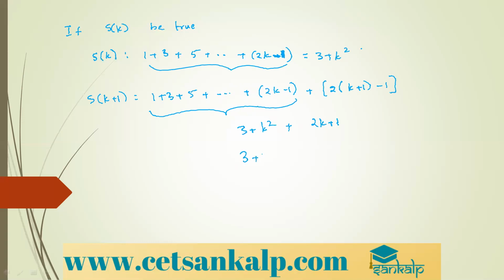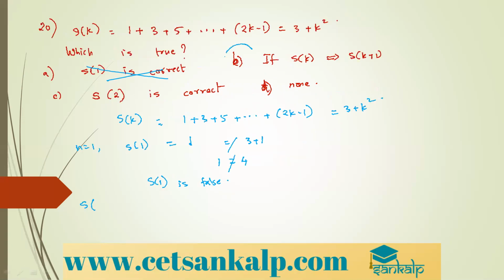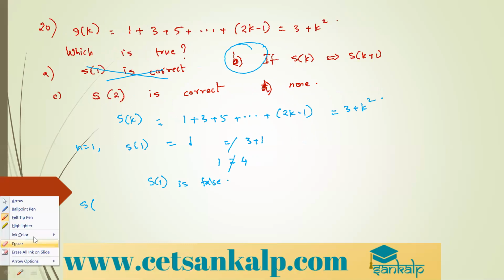So I can write this as 3 plus k plus 1 whole square directly. Then I can say that S of k plus 1 is also true. So that means I can go to option B. If S of k is true, S of k plus 1 is also true.